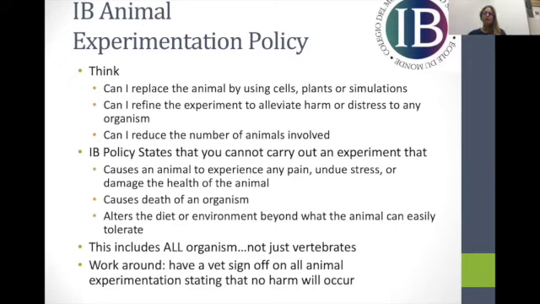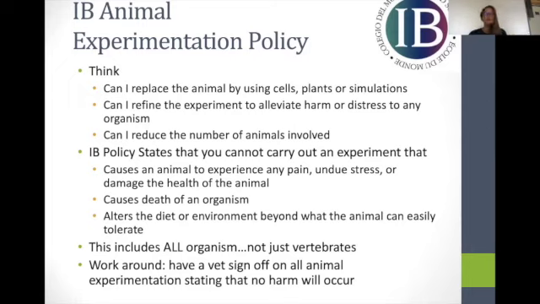IB policy does state that you cannot carry out an experiment that causes an animal to experience pain, undue stress, or damaging the mental health. The way we take care of that in my classes, if you're going to use an animal, you basically write it out on an IRB, which is the way that we review any experiment, and you have a vet sign off that, yeah, what you're doing isn't going to harm the animal.